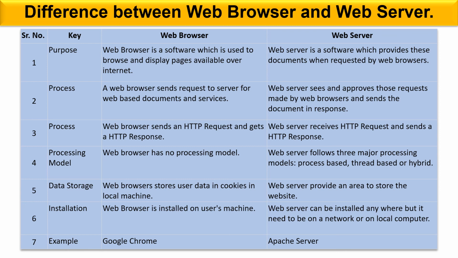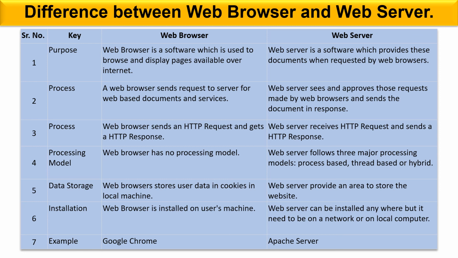Installation is also a key factor which differs between web browser and web server. The web browser is installed on the user's machine, but a web server can be installed anywhere; it need not be on a network or on a local computer.